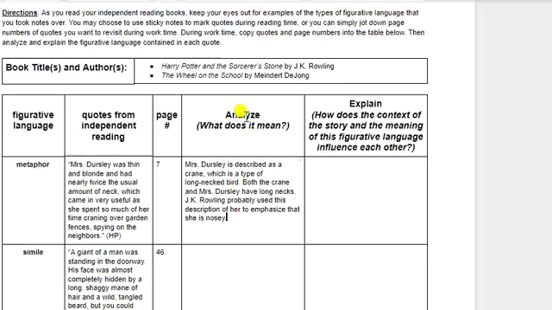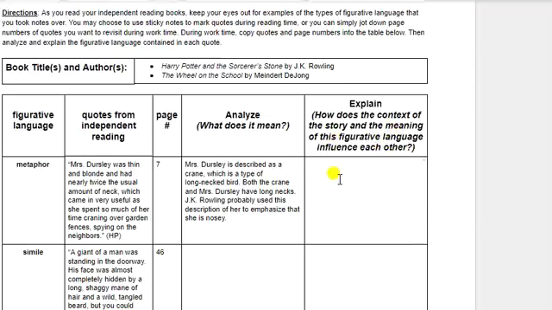If I did just this column on all of these, the maximum amount that I could get on the proficiency scale would be a 3. This explain column is how you're going to start reaching for a 4. So this asks, how does the context of the story and the meaning of the figurative language influence each other?